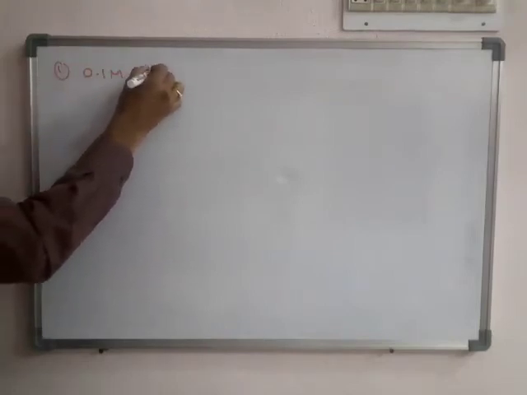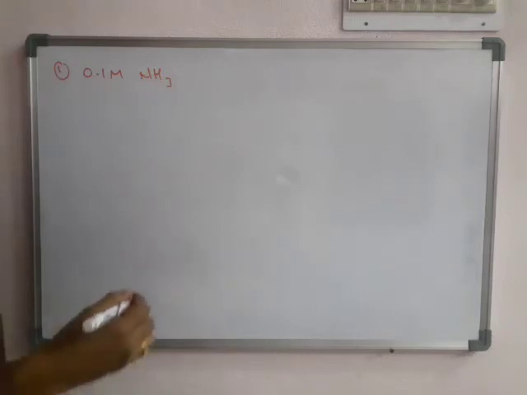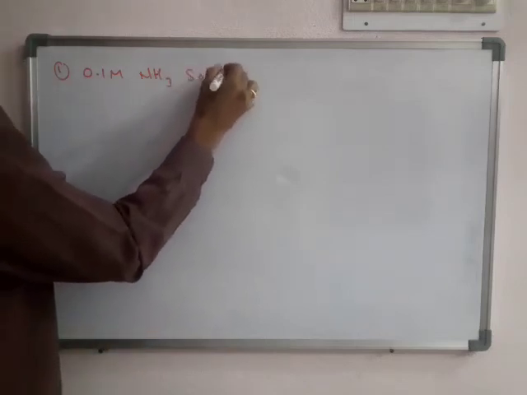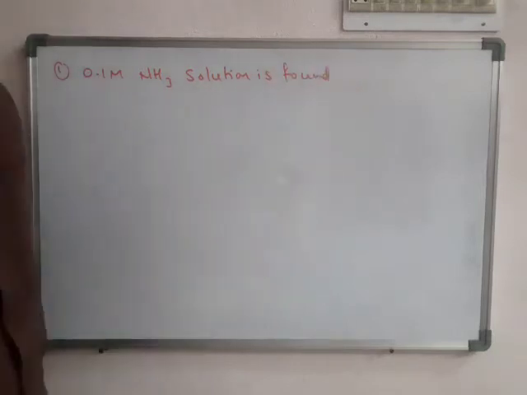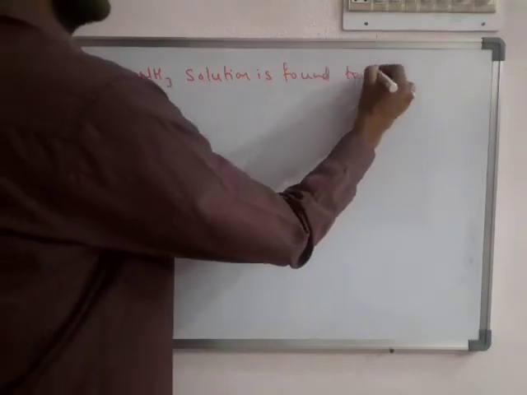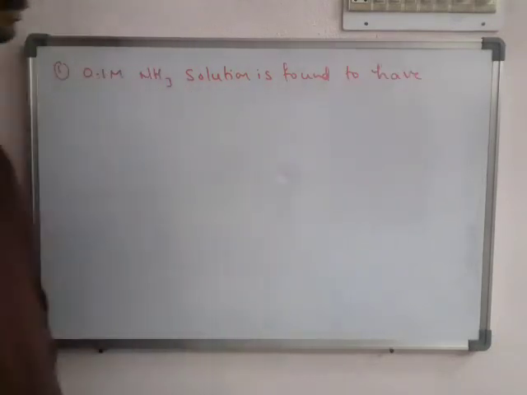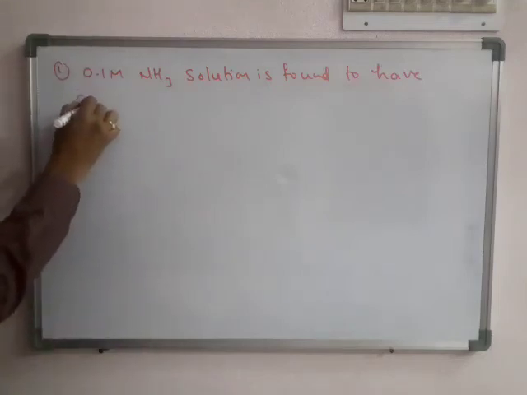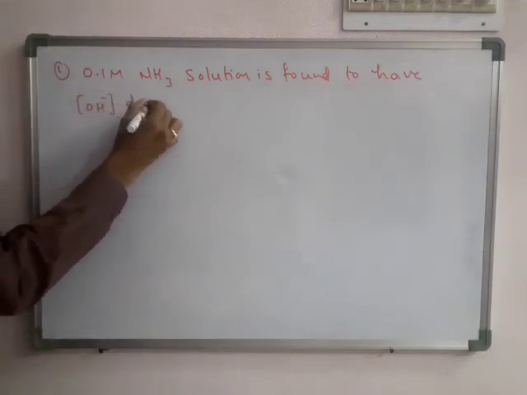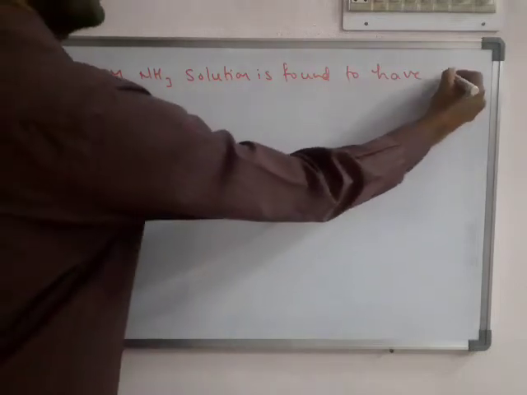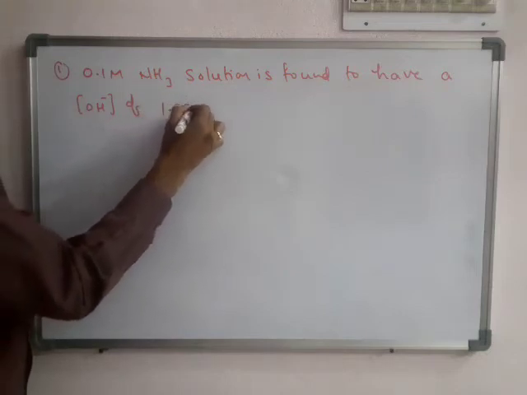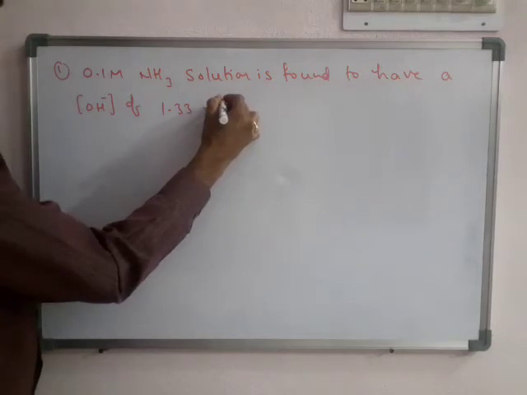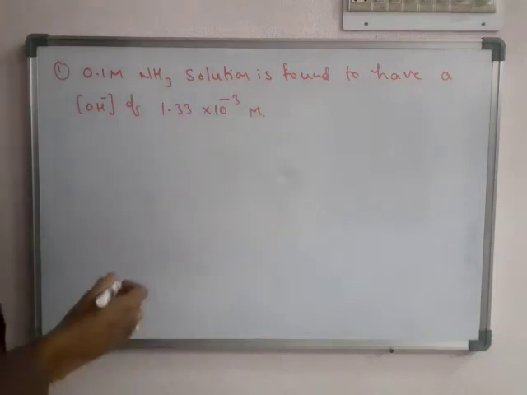So we see the main problem. A 0.1 M weak base, that is ammonia solution, is found to have an OH minus concentration of 1.33 into 10 to the power of minus 3 M. So here it is important.